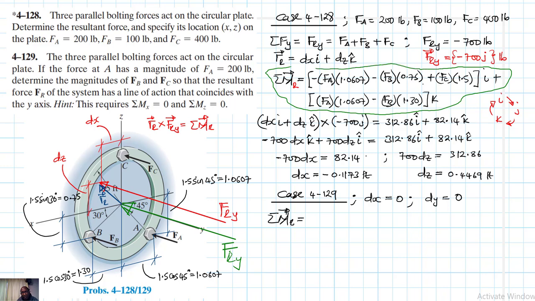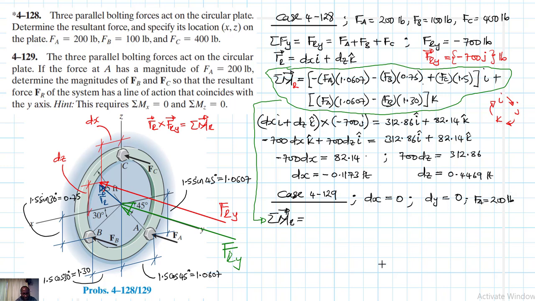So this equation is the same one we want to use here. Using the same equation, FA, of course, is given, so we can work it out. FA we've been told is equal to 200 pounds, so it will appear in our equation.